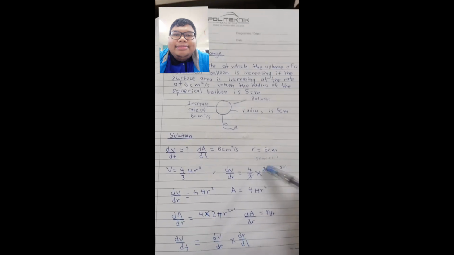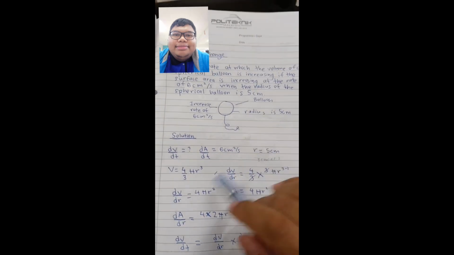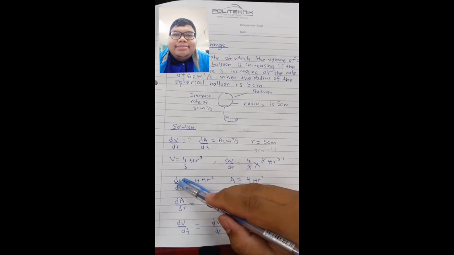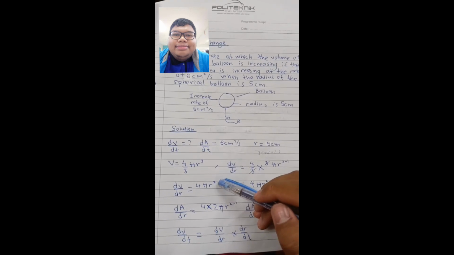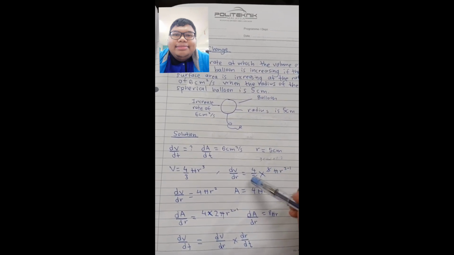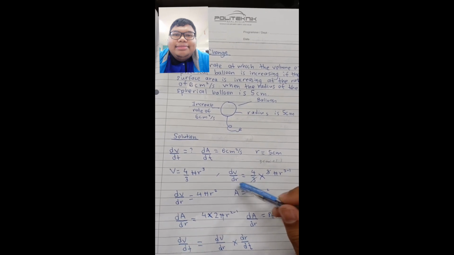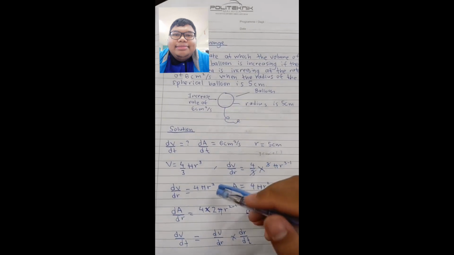And we cancel 3 and 3, and all we are left with is dV/dr equals 4 pi r squared.